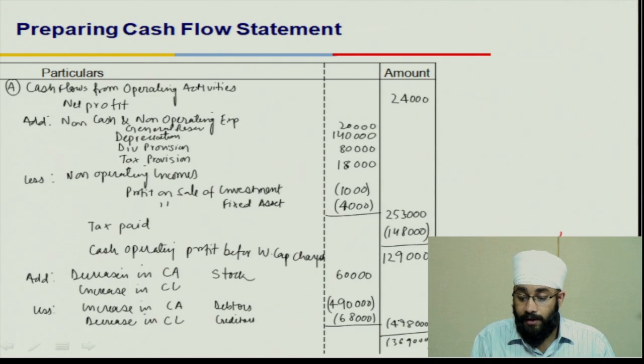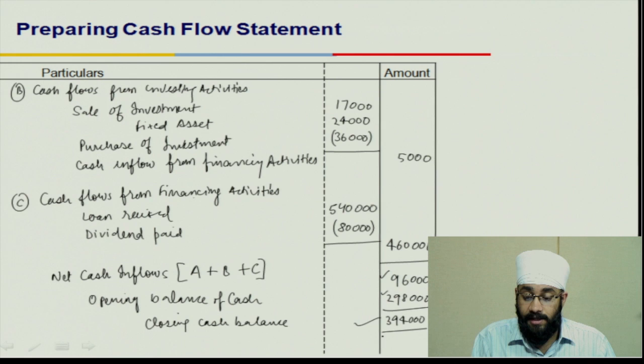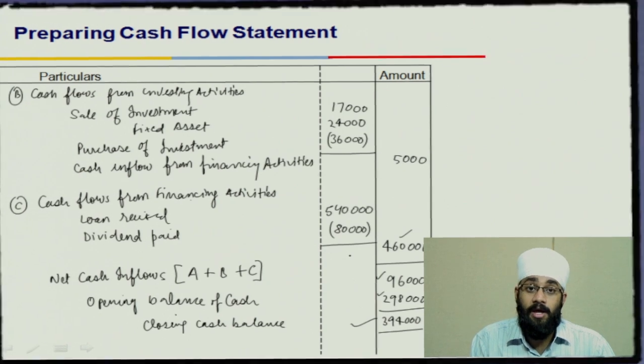We know now that the primary operations of the business contributed negatively to the cash position. 369,000 worth of money went out in the operating activities, and it was the financing activities which brought in a lot of cash during the year. So using this information, we can analyze the cash position of the business and take better decisions going forward, which can help the financial health of the business.